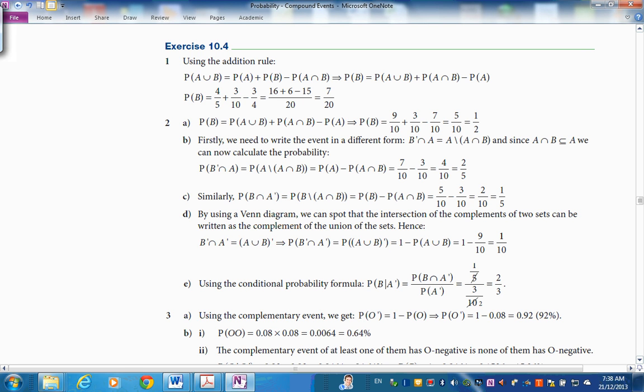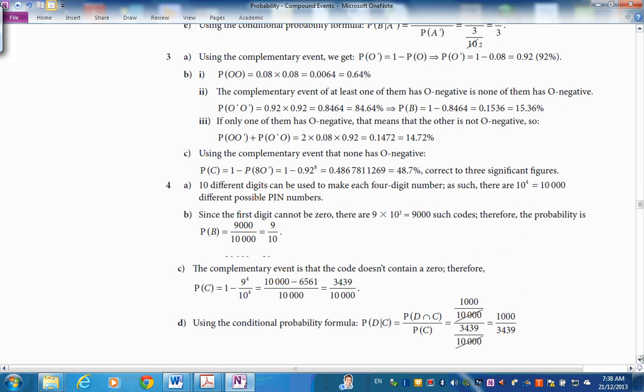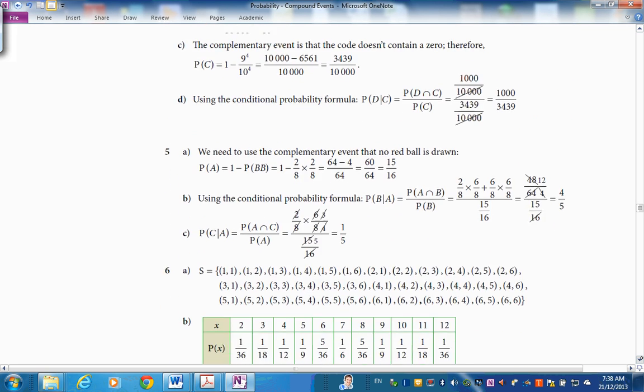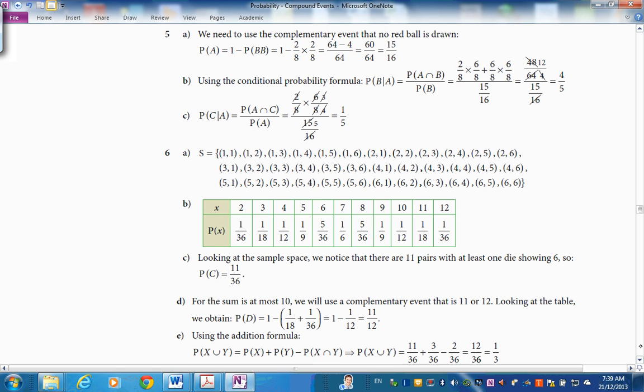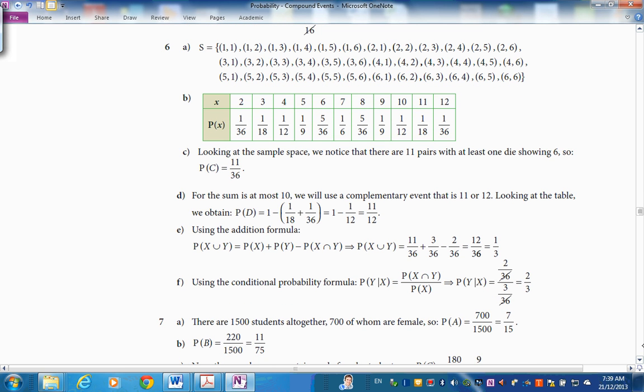Question 1 and 2. Let's go down a bit. That's 3 and 4. Okay, just go to 5 now. See if we can get 6 in. Part of 6 there. Let's go to the rest of 6. Very good.